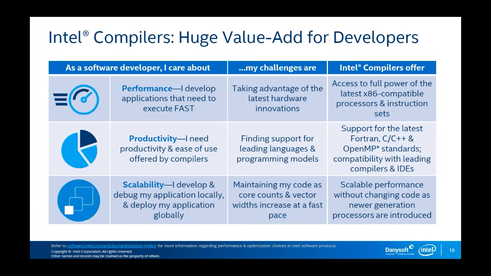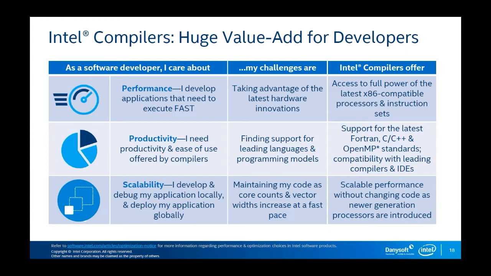Well, today the processor incorporates different levels of parallelism, as I mentioned before: multi-cores, vectors with larger widths, and even coprocessors. The advantage of using C++ or Fortran compilers is that they can improve the productivity and the scalability of your solution.